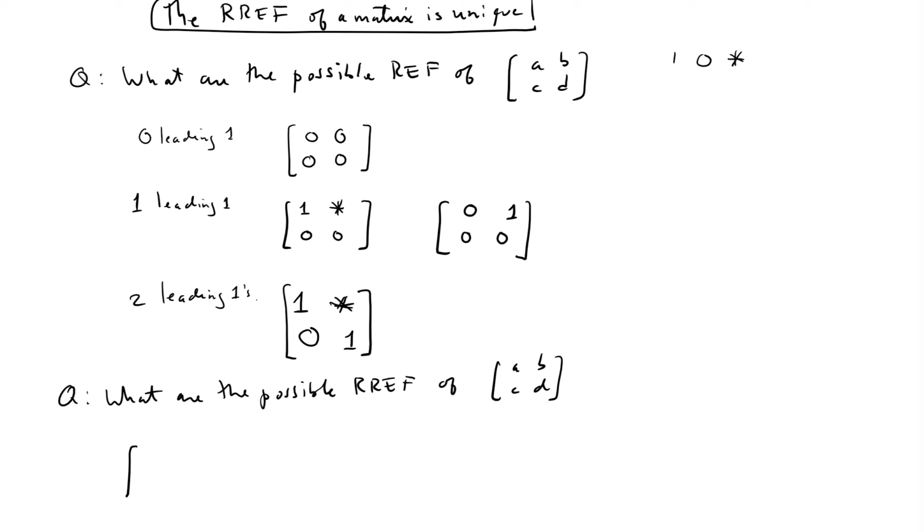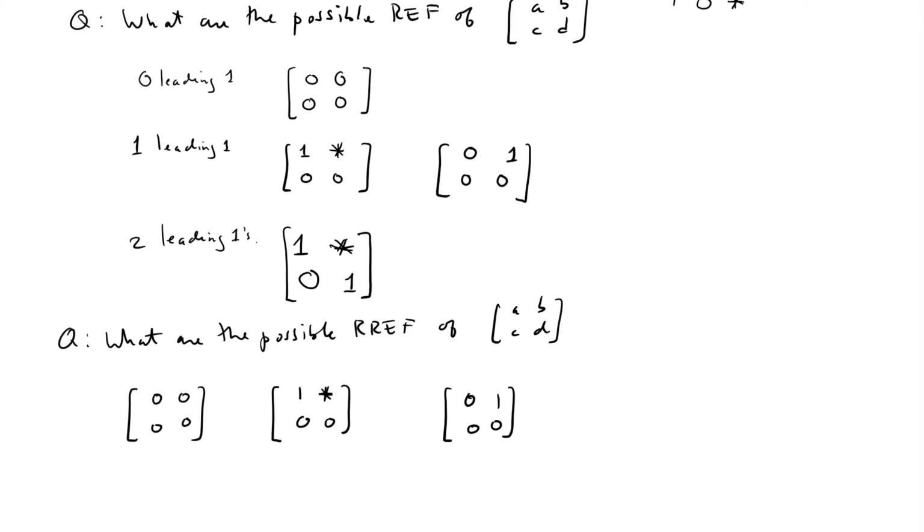If you've got 0 leading ones, it's the same matrix as before. If you've got 1 leading 1, you're still in the situation where your leading 1 could be here or here, and this could still be anything. We're not contradicting the conditions for the matrix to be in reduced row echelon form.